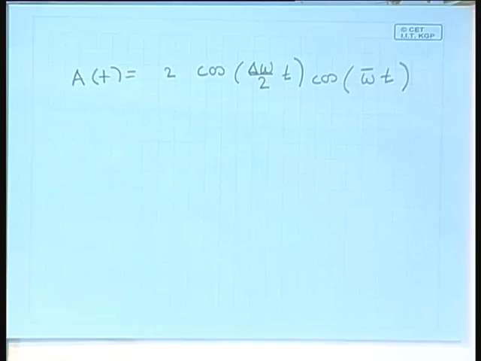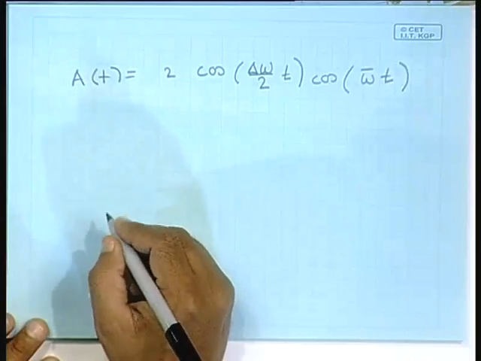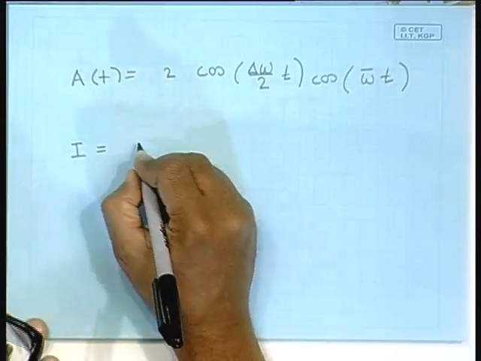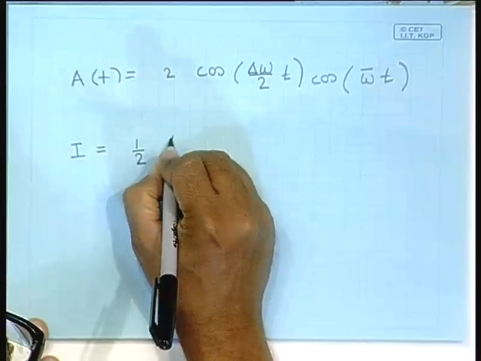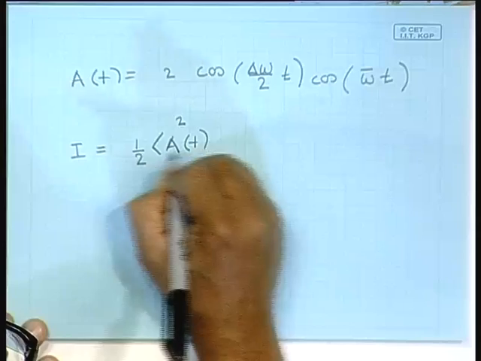This is the actual physical vibration, and to calculate the intensity I have to square this, put a factor of half, and take the time average.